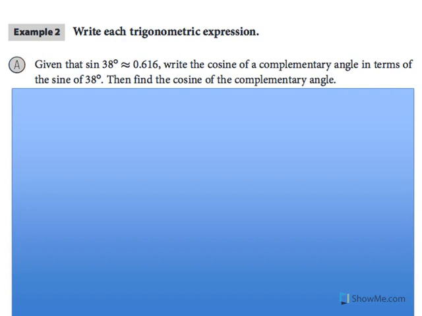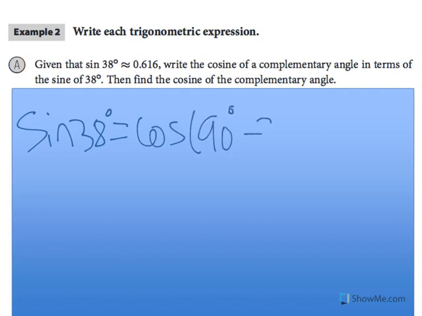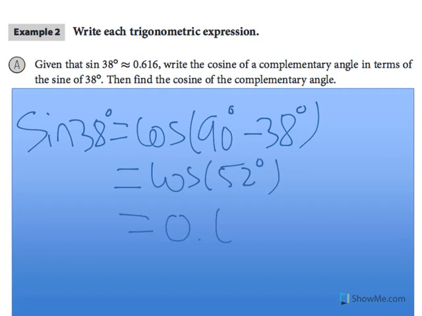So we see that sine of 38 degrees is equal to cosine of 90 degrees minus 38 degrees. So we take 90 minus 38. This is the same as cosine of 52 degrees, which is equal to 0.616.